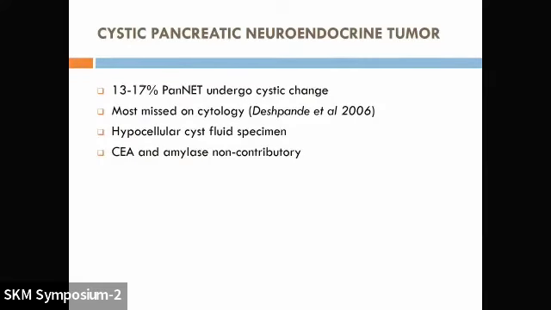And since CEA and amylase are non-contributory, lack of awareness of this atypical presentation of pancreatic neuroendocrine tumors may result in inadequate sampling, and it increases the likelihood of the sample to be read as benign, as happened in the first case that I showed you, where the cyst wall was not sampled. So whenever you are evaluating cyst fluid, it is important to keep the possibility of cystic change in a neuroendocrine tumor.